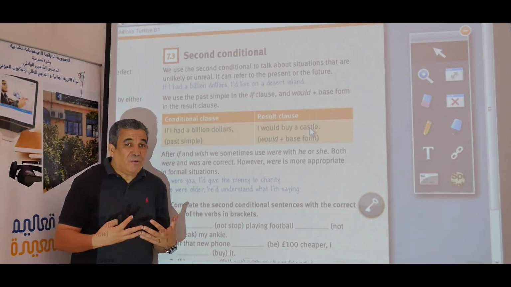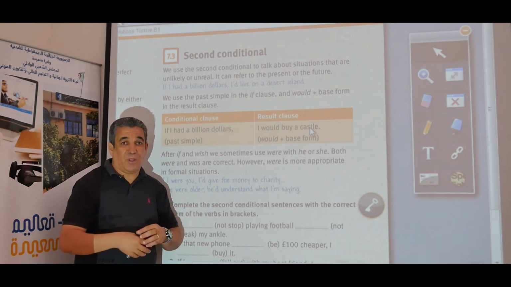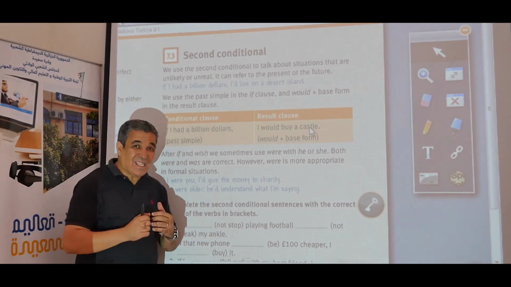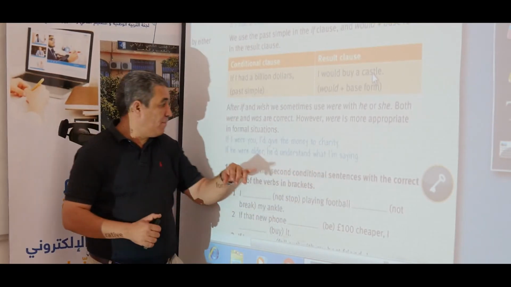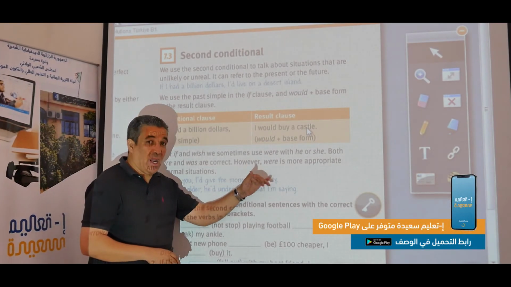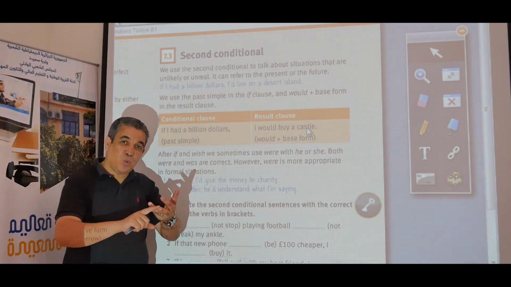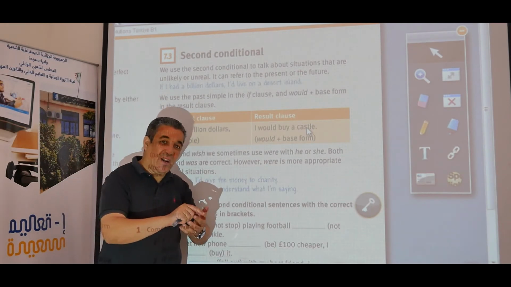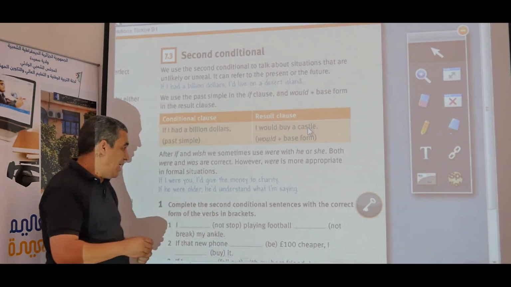But if you go to an English-speaking country, you might hear people say was when they use conditional sentences. So was is informal. However, were is more appropriate in formal situations. So you are going to use were, like if I were, if you were, if it were, I wish you were, I wish he were, for the past simple instead of was, because it's more formal and more appropriate.